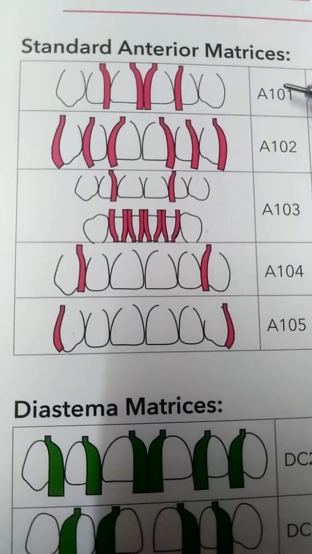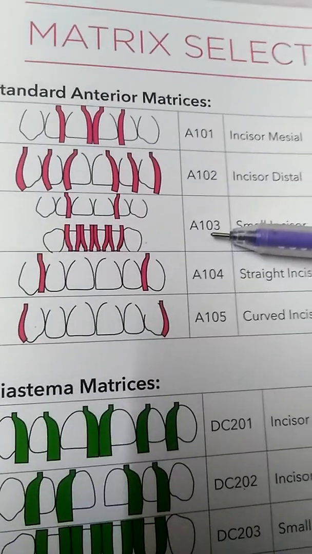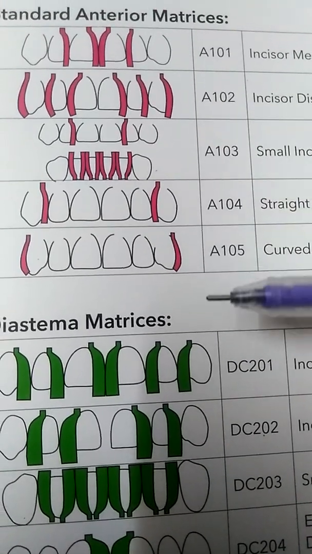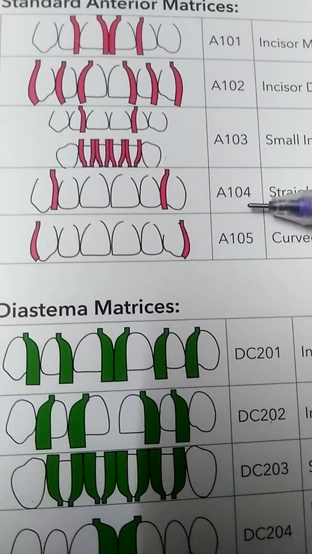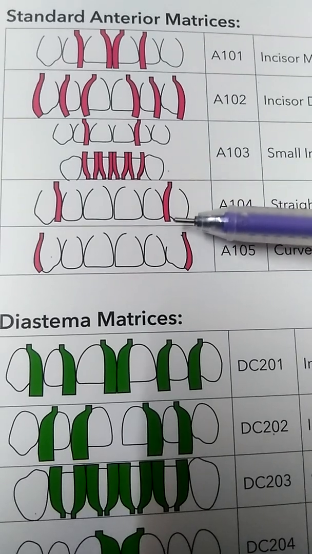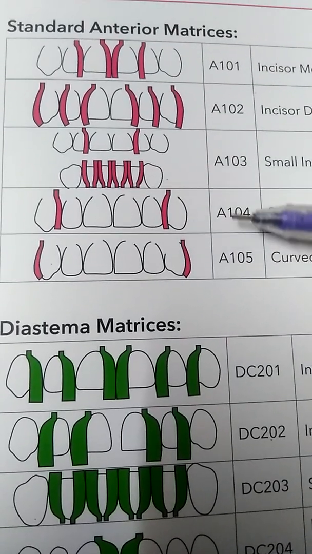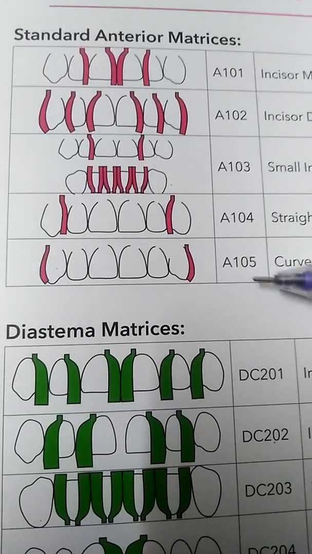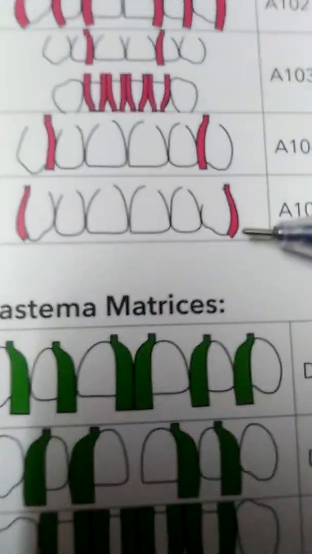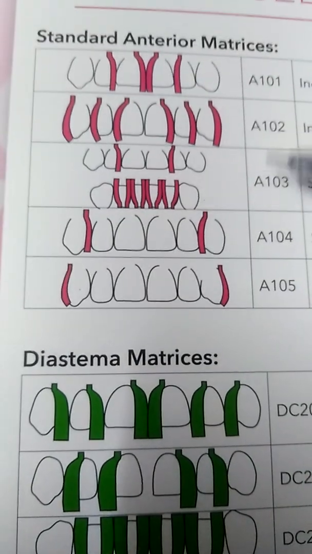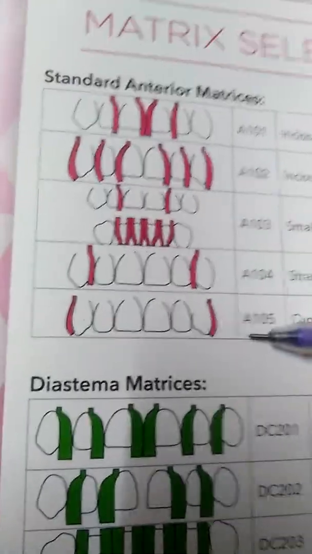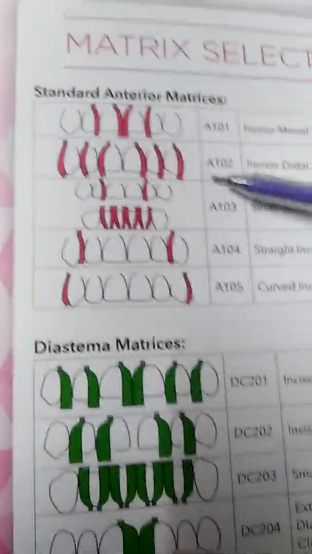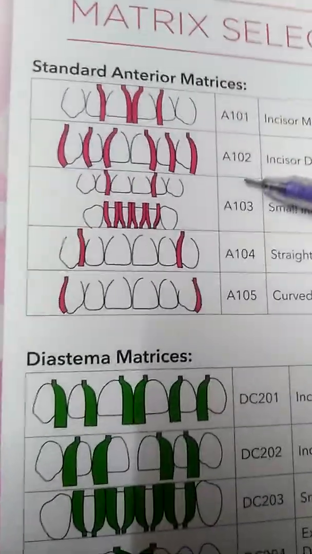The contacts of A101 and A103 are the same, only the height is different. A104 is for the mesial side of the canine, where again the height is more. A105 is for the distal slope of the canine. If you feel that purchasing this many sectional matrices is difficult, then in this situation you can use A102.